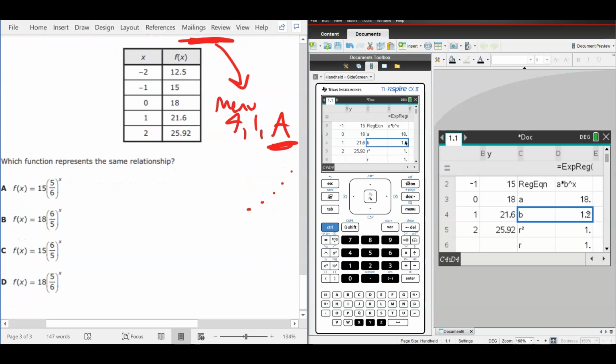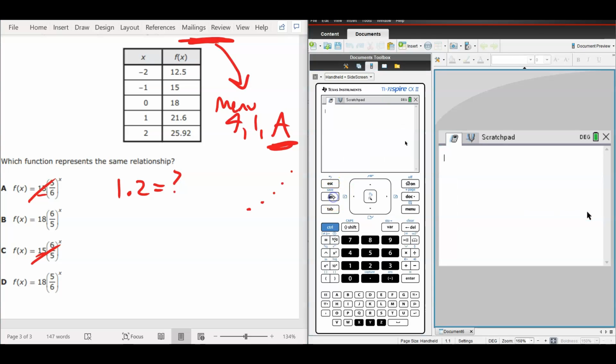Now, for A, I know this one's wrong, and I can see C, this one's wrong. 15 is not our A value. So the question is, 1.2 is equal to what fraction? Let's go back. Let's hit underneath escape right here. There's a little scratch pad. What is 6 divided by 5?